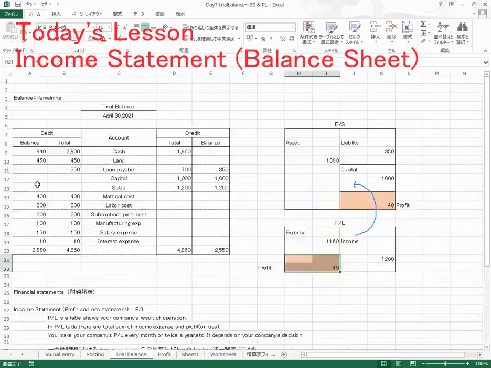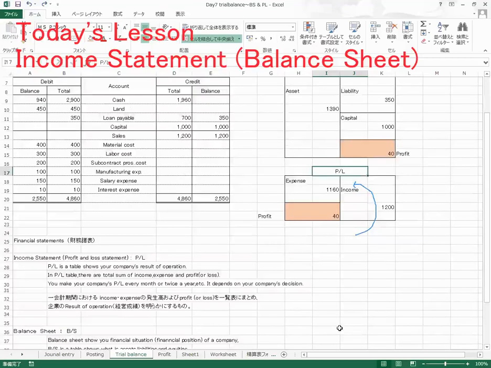And when you finish making the trial balance, make the BS and PL with the numbers. Today ends here, but next class, we will finally study the special entries for the end of the year, the settlement of accounts.